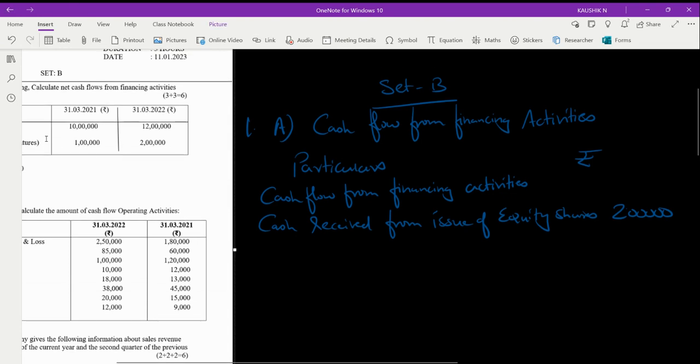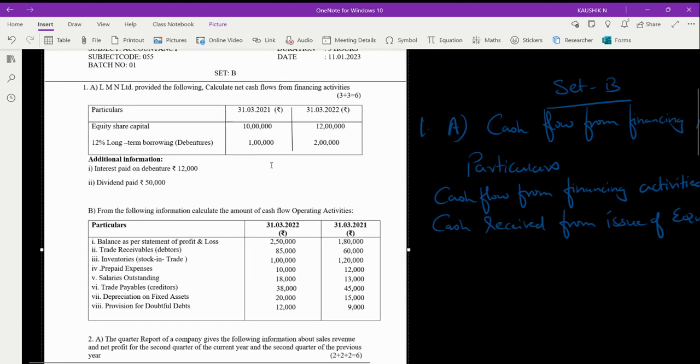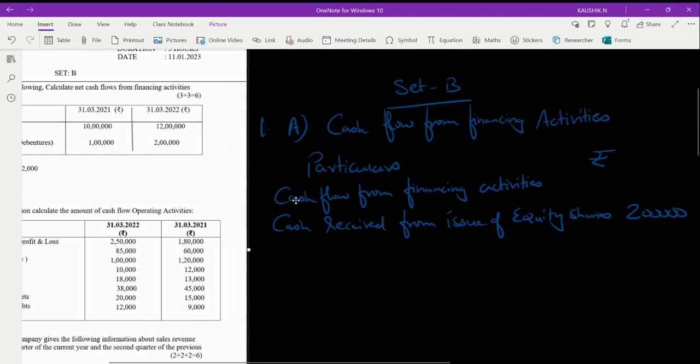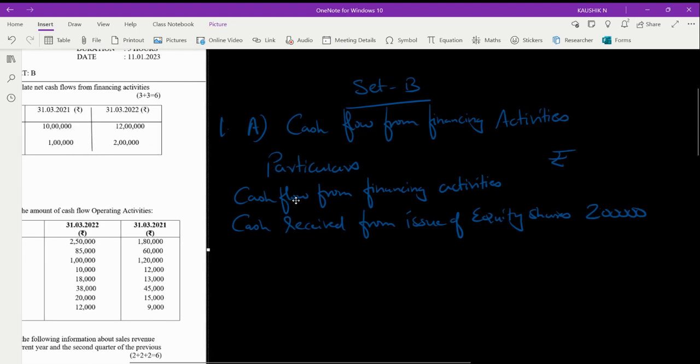You check it up. It is mentioned here as 12 percentage long term borrowings, debentures. So what has happened to debentures? Last year it was 1 lakh, current year it is 2 lakh. So debentures increased or decreased? Debentures increased, so that is also issue of debentures. So cash received from issue of long term borrowings. Write it over here.